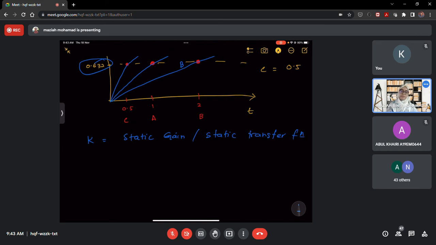The effect of K here is only at the final value, meaning when the system has already reached the steady state. The relationship between Y and U is given by Y equals KU. That's why we consider K a gain. K is just a value: K is 2, K is 3, K is 10, K is 0.5.